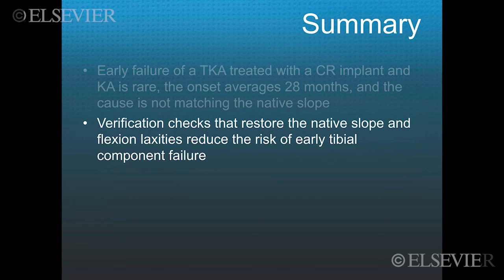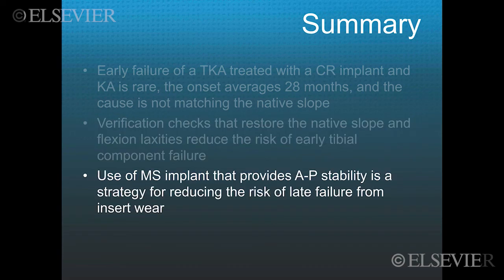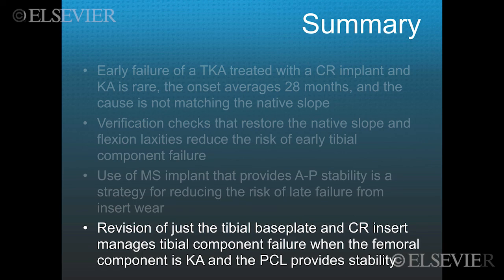Verification checks that restore the native slope and flexion laxities can reduce the risk of early tibial component failure, but depending on the constraint of your implant, there may be a risk for late failure from posterior overload due to excessive anterior translation of the tibia or excessive posterior rollback of the femur. The use of an MS implant that provides AP stability is a strategy for reducing the risk of late failure from posterior insert wear. And finally, revision of just the tibial base plate and the CR insert manages most tibial component failures when the femoral component is kinematically aligned and the PCL provides stability.